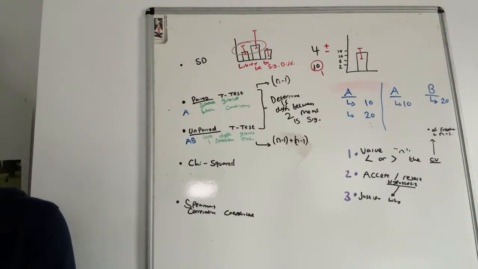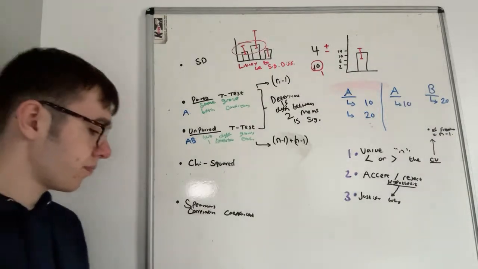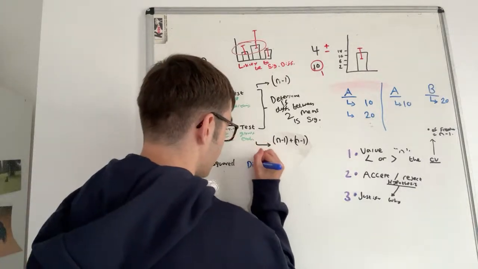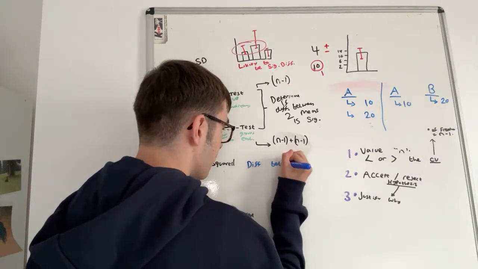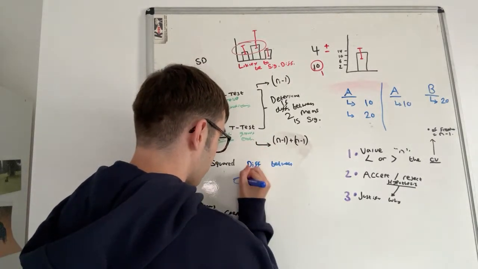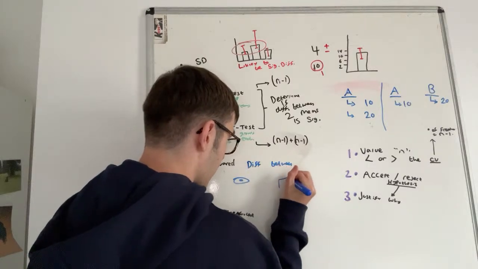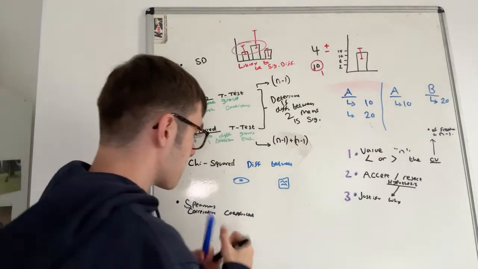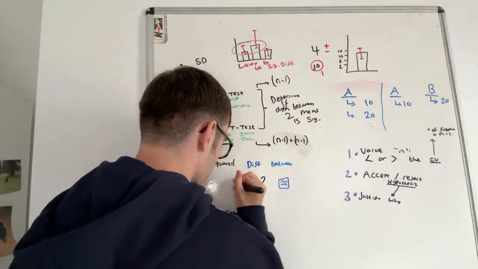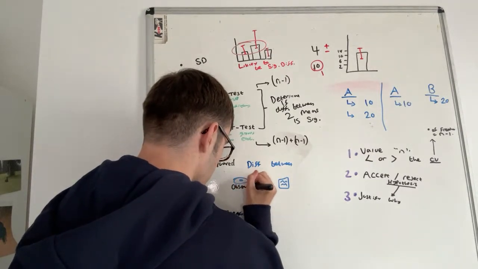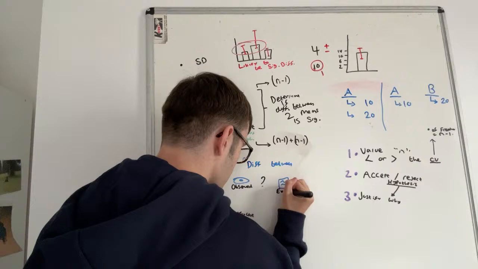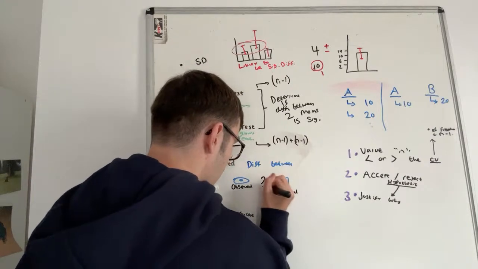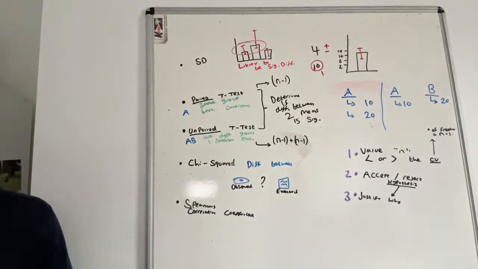This is if there's a significant difference between observed data and expected data. So, is there a difference between, I'll just draw like observed and expected. And I'm pretty sure this is only for frequency data.